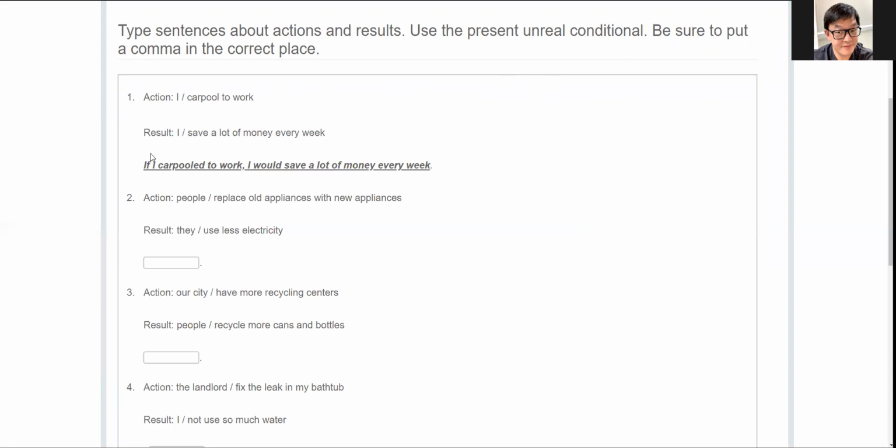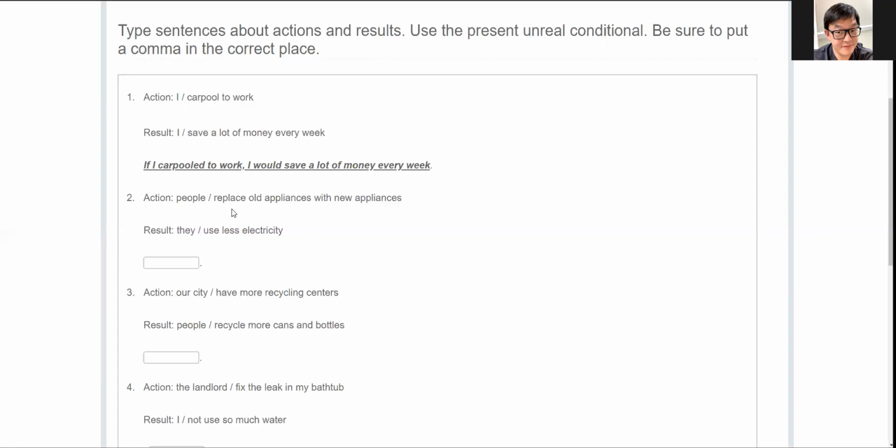So what you have to do: if I carpool to work, the imaginary action, the result, I would save a lot of money every week. And pay attention, when the sentence begins with if, then you have to put a comma, okay? Okay, good? Okay, so now let's do this together then.